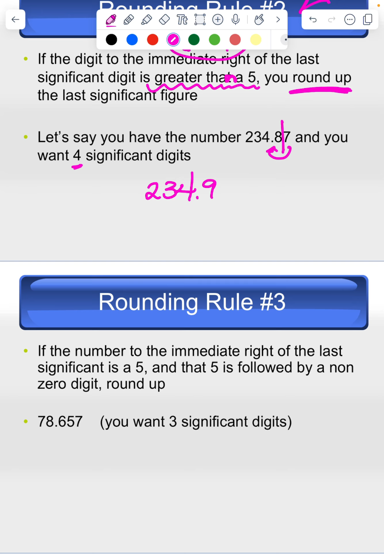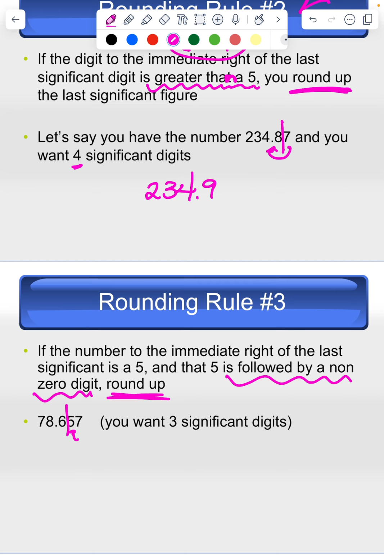So if that 5 that's behind that last sig fig is followed by a non-zero digit, you are going to round up. Okay, so let's take this for example, 78.657. You want 3 sig figs, so you cut it off after that 6. Well, there's a 5 right after that 6, so ding, ding, big red flag should go up.